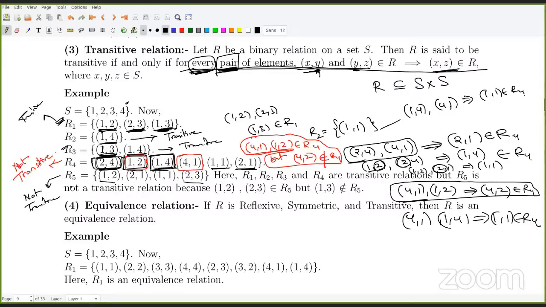Sir, just interrupting, that means we have to check whether the relation breaks or not, because if one relation breaks, we can say that it is not transitive. Yes, that should be the objective. If you find two pairs in your relation such as (x,y) and (y,z), but you are unable to find the third pair in any way, then you say that it is not transitive.